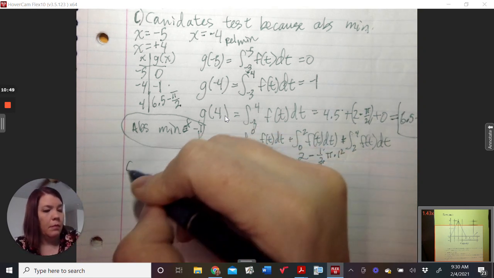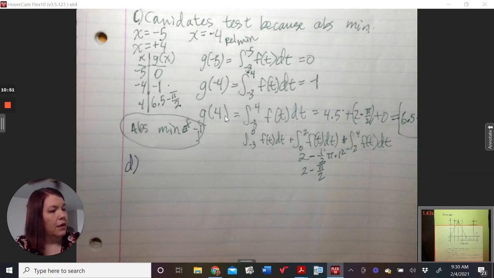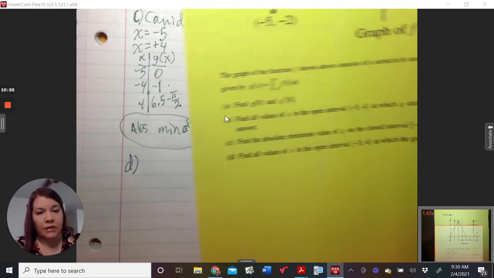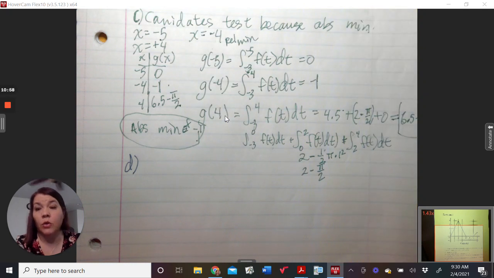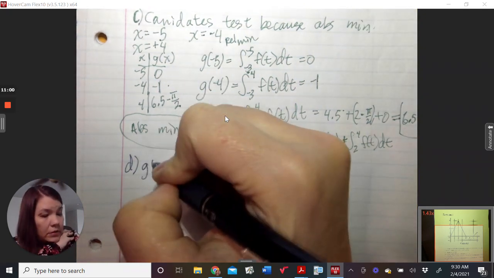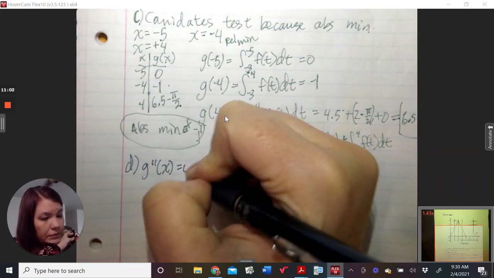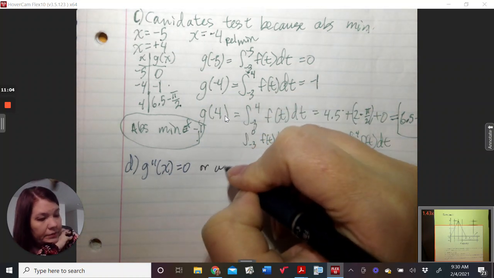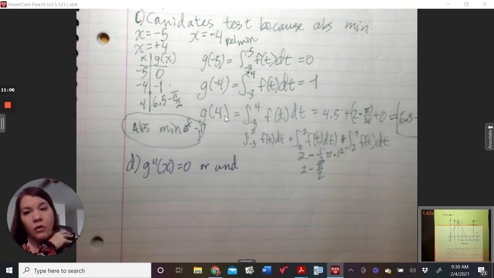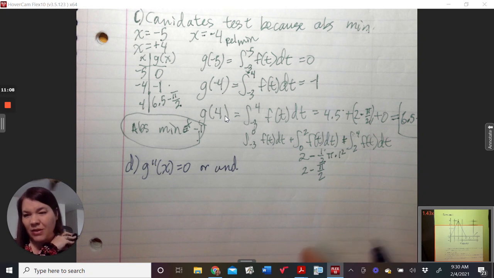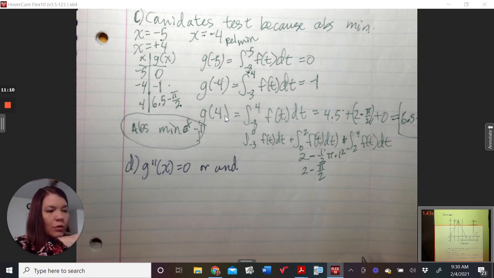Last but not least, D. Part D says, find all values of x in the open interval where there's a point of inflection. So points of inflection will occur when the second derivative is 0 or undefined, which is very important in a curve like this, where we don't have a lot of horizontal tangent lines.